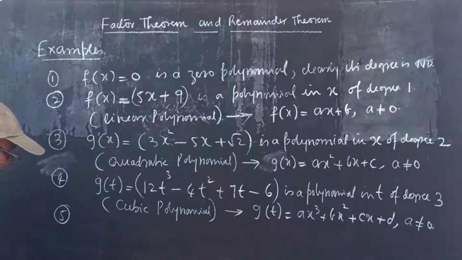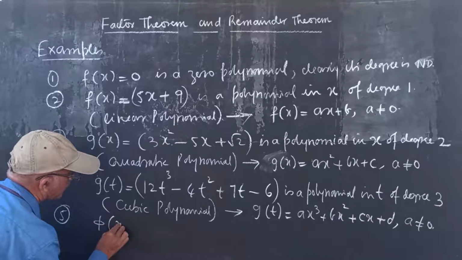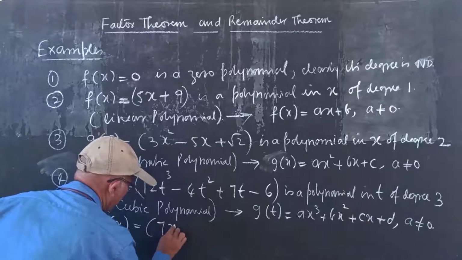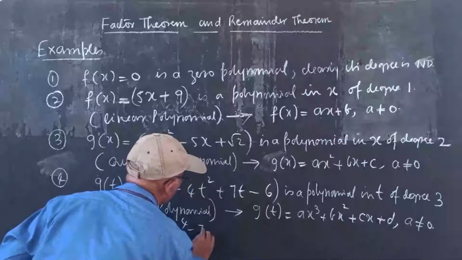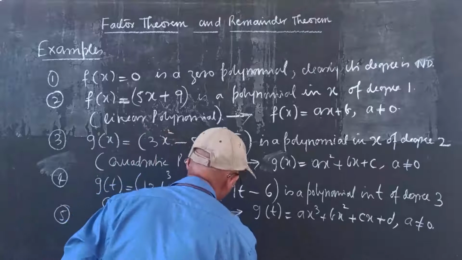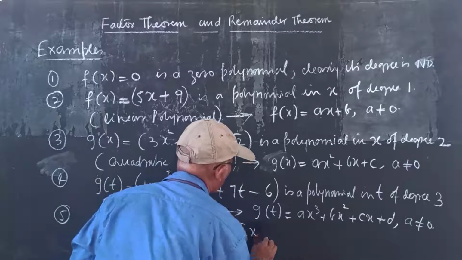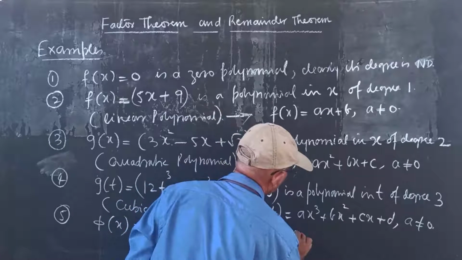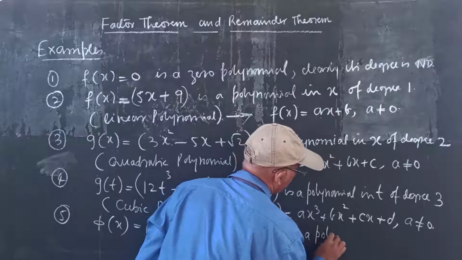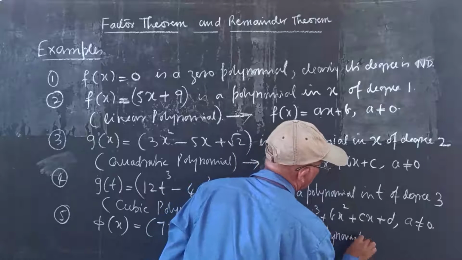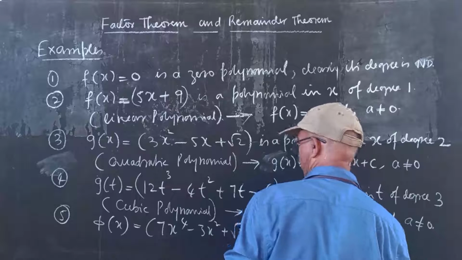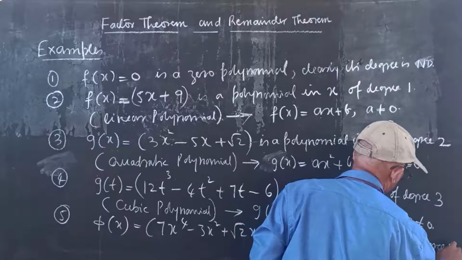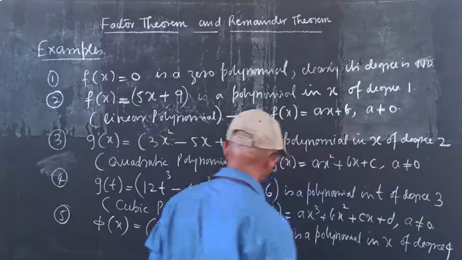Now, f(x) is equal to 7x to the power of 4 minus 3x square plus root 2x minus 2 by 3, is a polynomial in the variable x of degree 4.